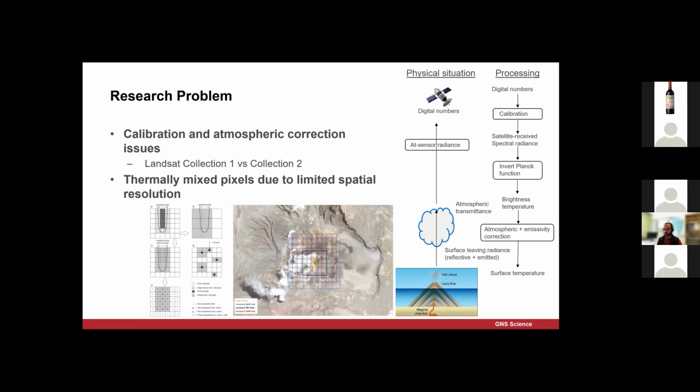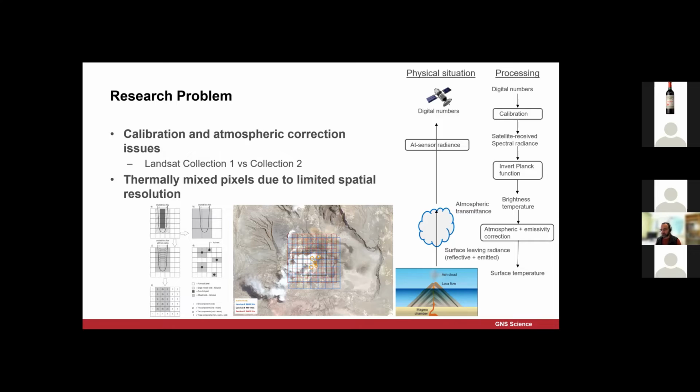So here is just to show you an idea about how complex the situation is, because the Landsat data is captured at 30-meter resolution. The TIRS sensor captures it at 100 meters, but then it is resampled back to 30 meters, and that information is provided as a digital number, which has to be converted back into surface temperatures.